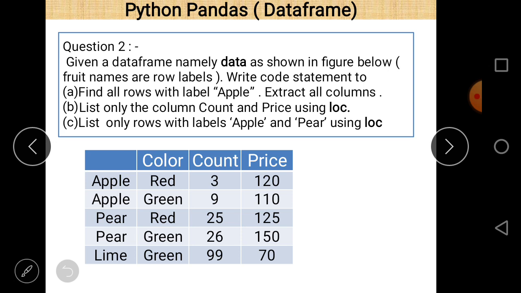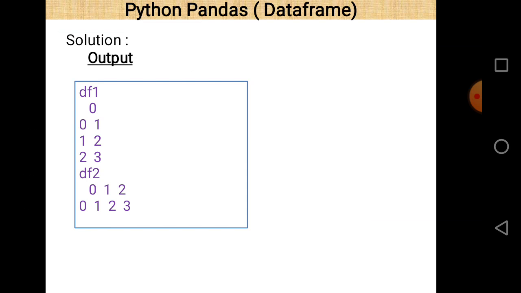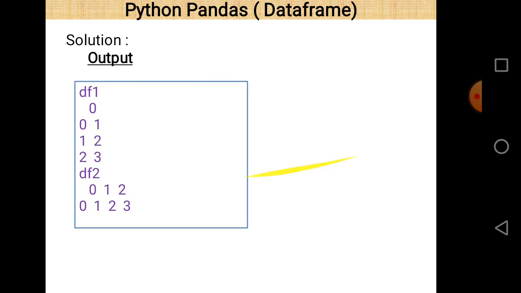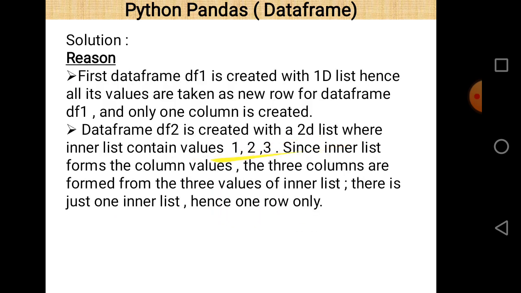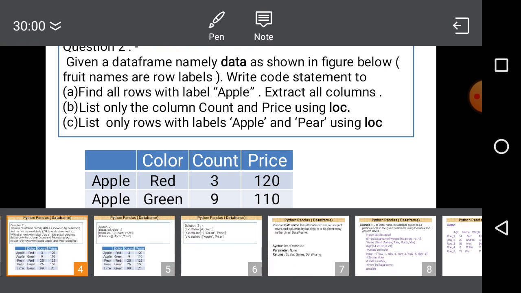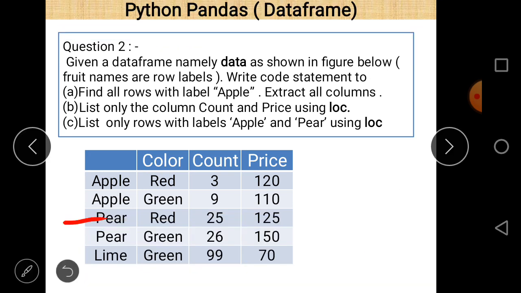Now interestingly, there are two rows regarding pear, and two for apple also.